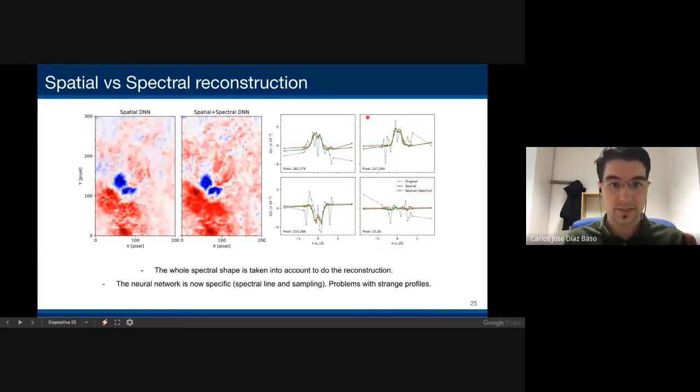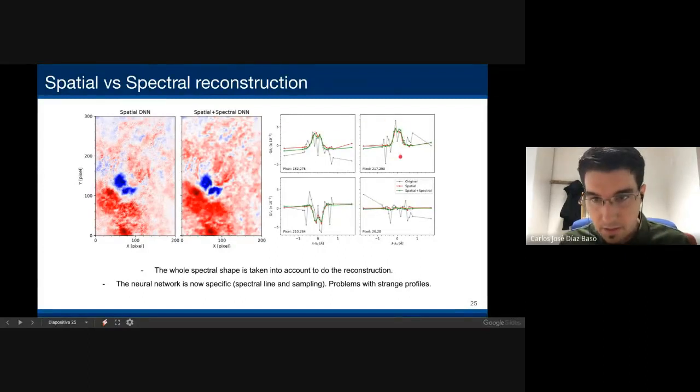So as you see in the comparison between the only spatial and spectral, one can see an improvement in the reconstruction of the signals.